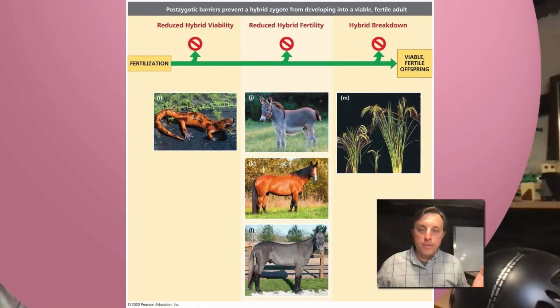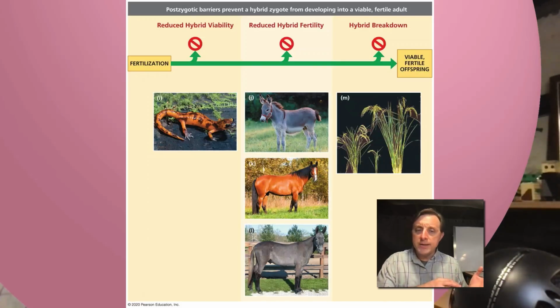We have three big ones here. Reduced hybrid viability: this is when the hybrid individuals are just not able to survive well. Reduced hybrid fertility: that means that the offspring are sterile and cannot reproduce themselves. Remember that the biological species concept says that the offspring have to be fertile.